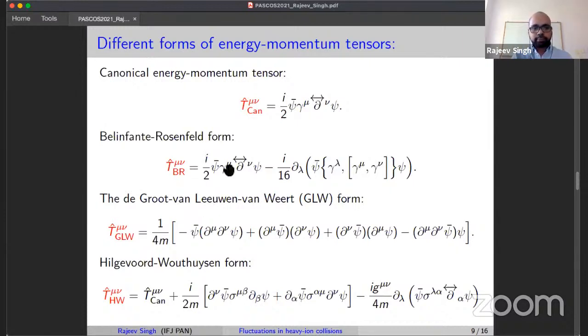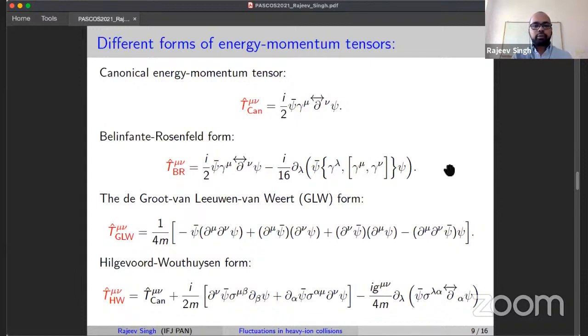Here we are just focusing on these three forms of the energy momentum tensor. This is the Belinfante or Rosenfeld form, this is GLW, and this is the Hilgevoord-Wouthuysen form of T mu nu.